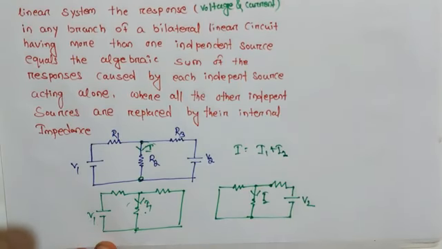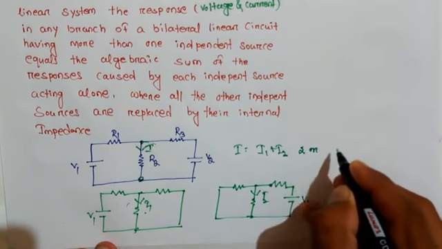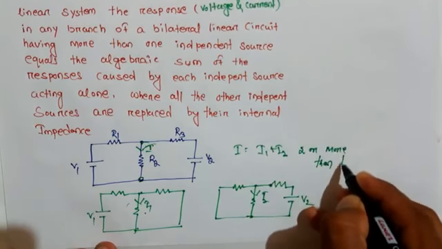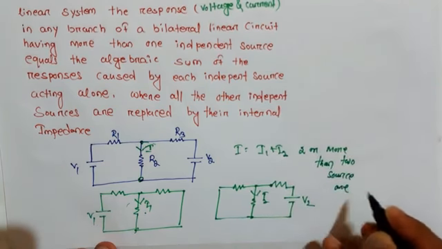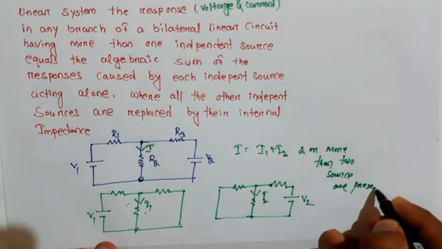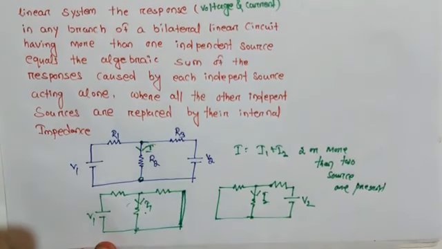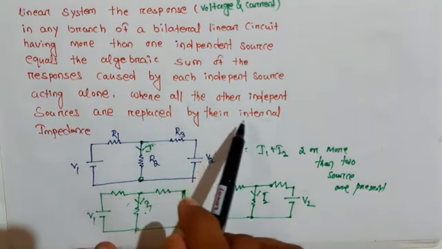One thing to remember, the superposition theorem is always applied where two or more independent sources are present in a linear circuit. Here I am going to short circuit this voltage source, because the statement says that all other independent sources are replaced by their internal impedance.